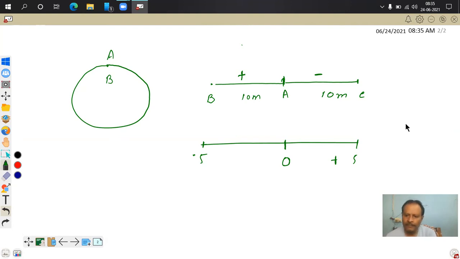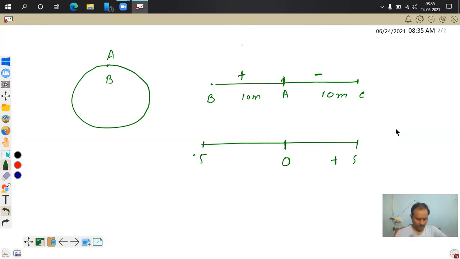Then distance cannot be zero or negative, but displacement can be zero or negative. Distance is a scalar quantity, whereas displacement is a vector quantity. These are the differences between distance and displacement. Hopefully it is clear to all of you now.